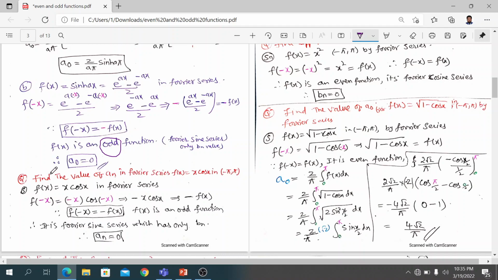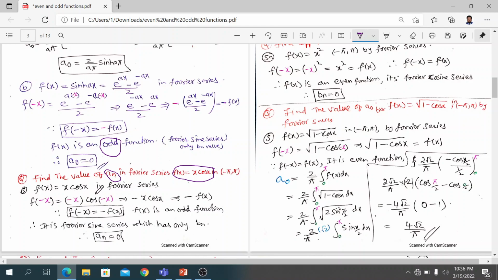Next question. Find the value of an in the Fourier series where f of x is equal to x cos x in minus pi to plus pi. Now f of x is equal to x cos x. So f of minus x: wherever x is there, put minus x.